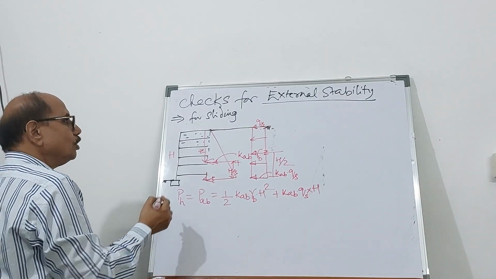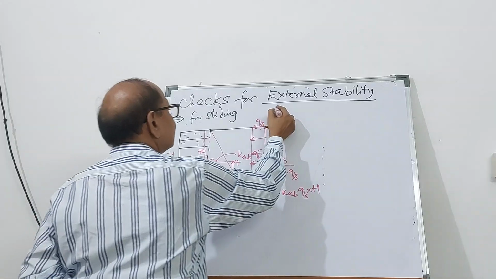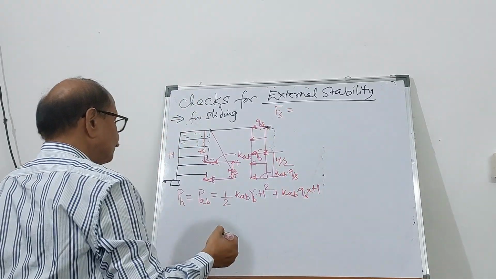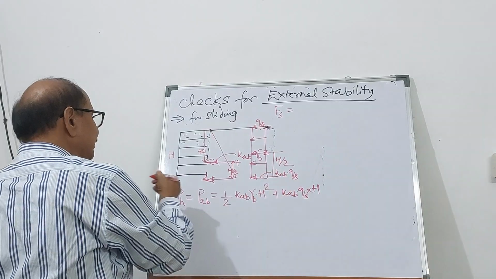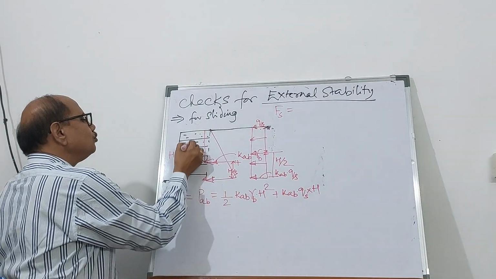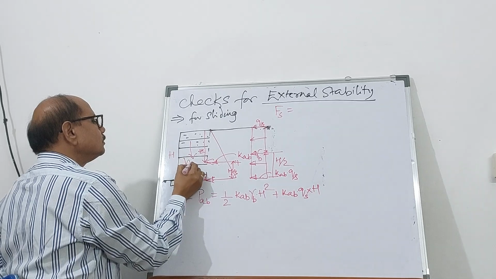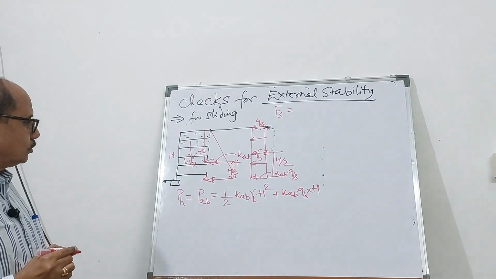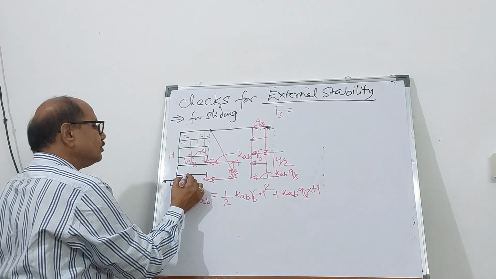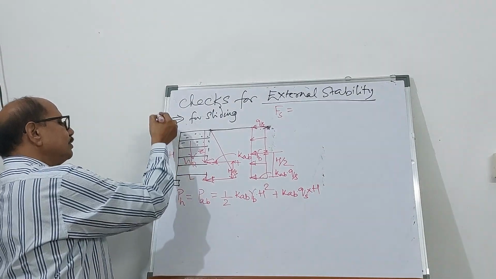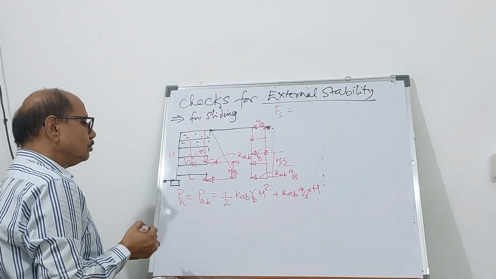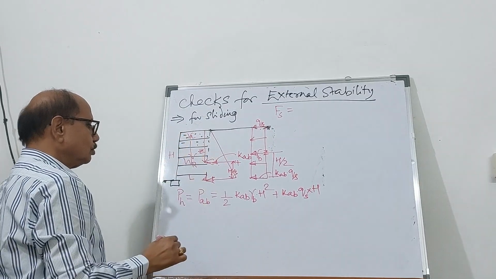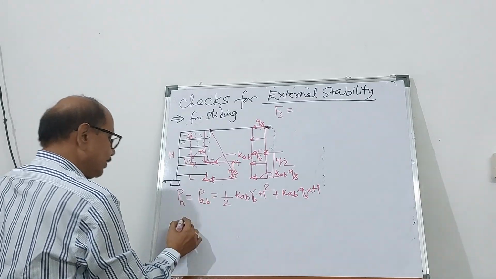So, if you want to have the factor of safety for sliding, what is the resisting force? Resisting force will come due to the weight of this reinforcing zone. What is the weight? Length is already known to you. Height is already known to you. Gamma is already known to you. So what will be the weight?